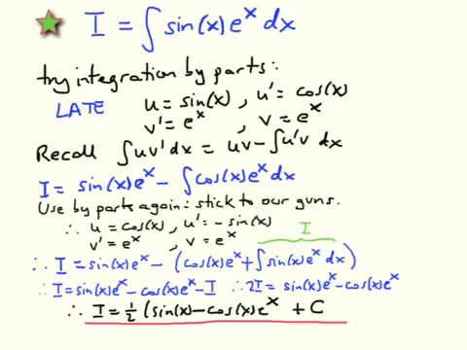And if you do that, we then tidied things up, we recognized our initial integral had occurred, we brought all the initial integral terms over to here, we joined them up, we saw we then had 2 of them, divided both sides by 2, and that gave us our final result, and that result can of course be checked by differentiation.